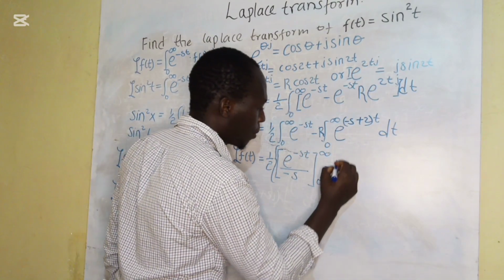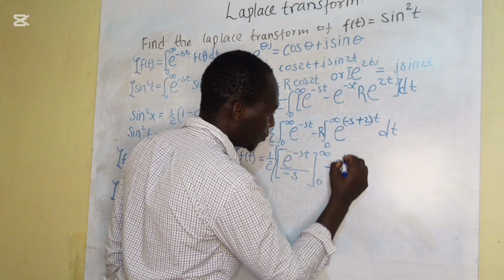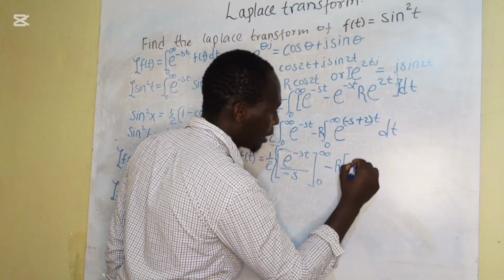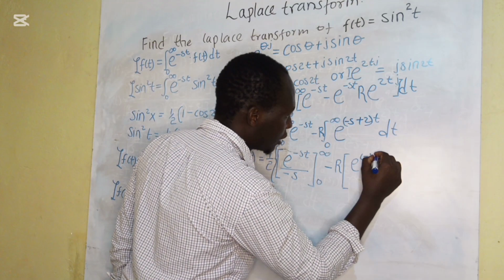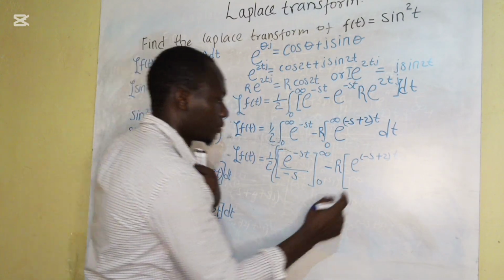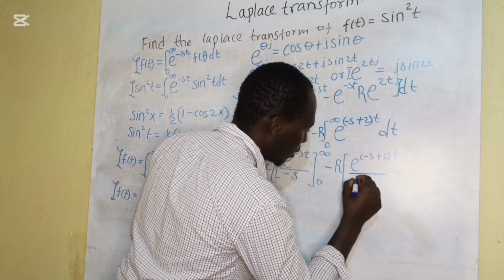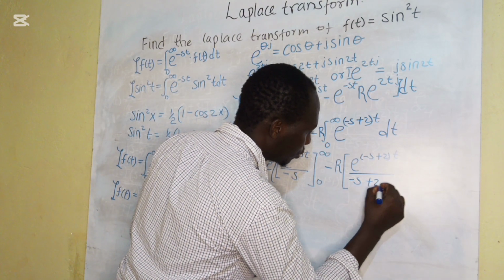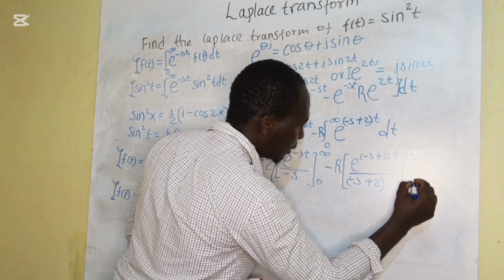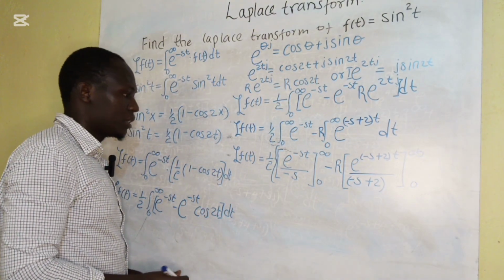We subtract from r into, here we are going to have exponential negative s we add to 2t all over negative s we add to 2. We come and insert our limits.